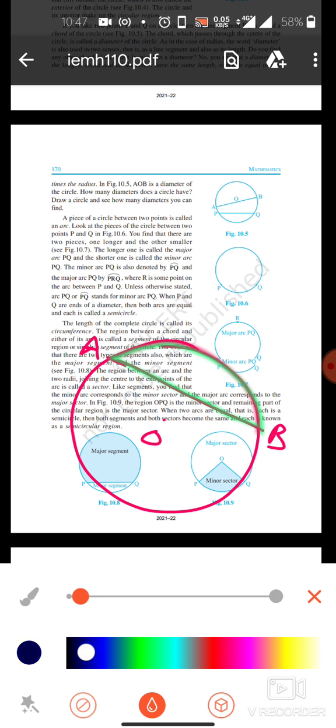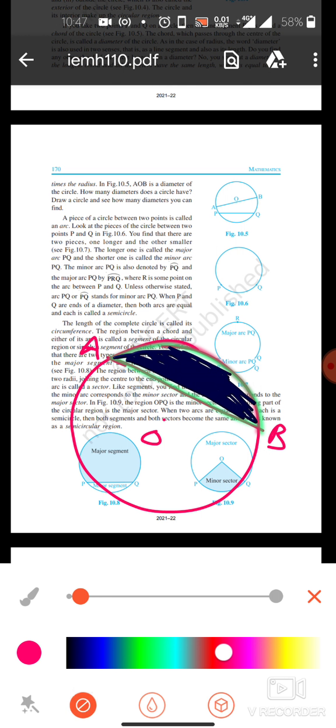The area between these, this whole area, is known as a segment. We will say this whole area is a segment.